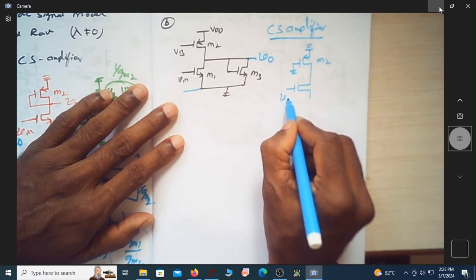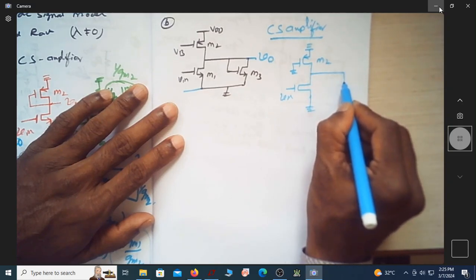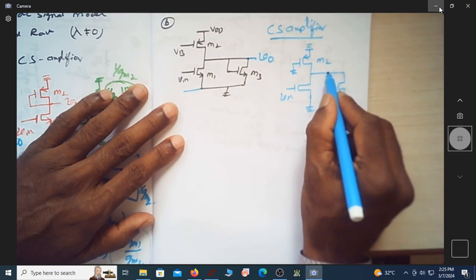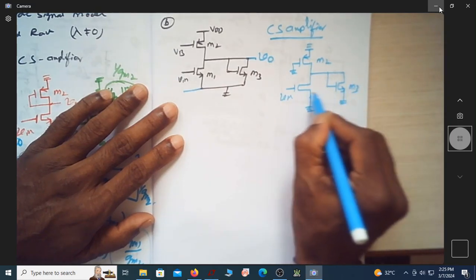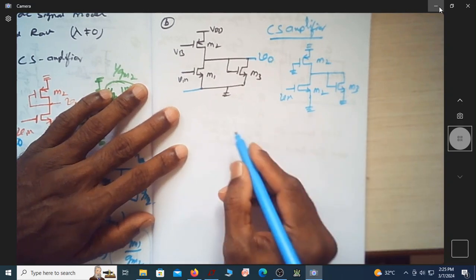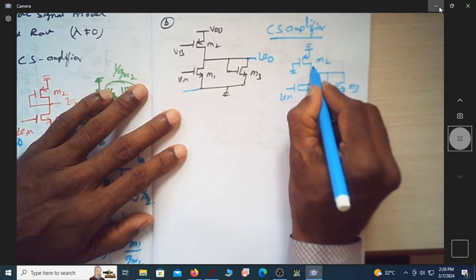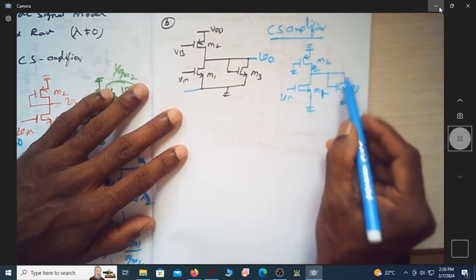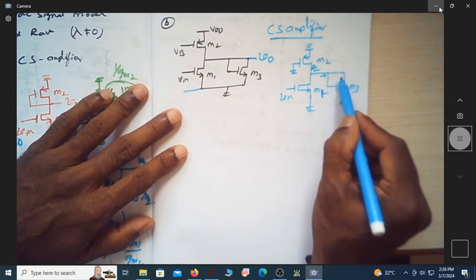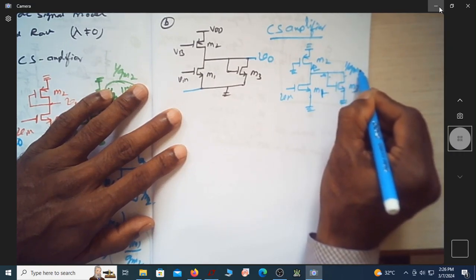This is Vin, and this is my diode connected MOSFET M3, and this is M2. Let me write this as M1. What is the resistance looking up here? Since you are looking towards the drain, it is r02. Here you are looking towards the drain with gate shorted, so this becomes 1 over gm3.